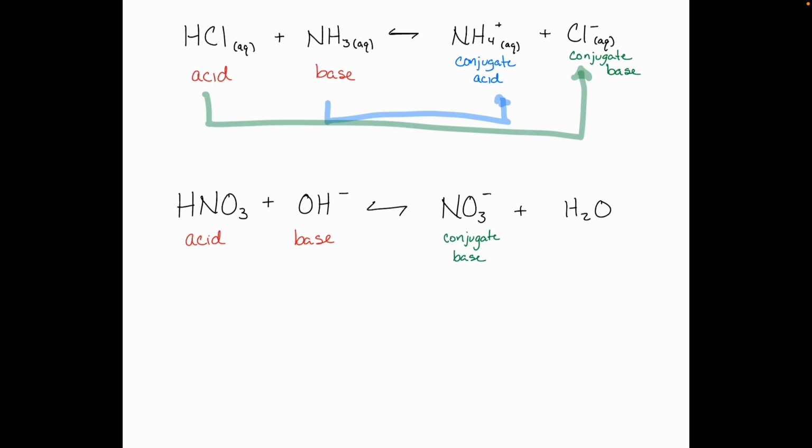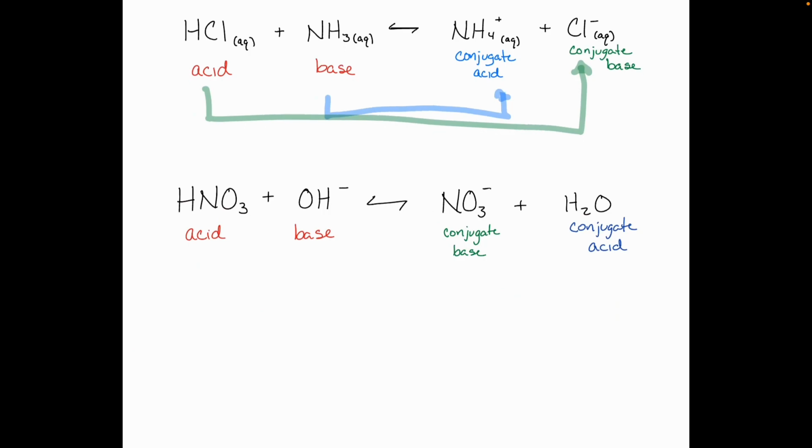And my conjugate acid is going to be water. Okay, so just using these examples, let's see if we can figure out an easy way to determine acid conjugate base pairs here. Okay, so we're just going to make a little table.